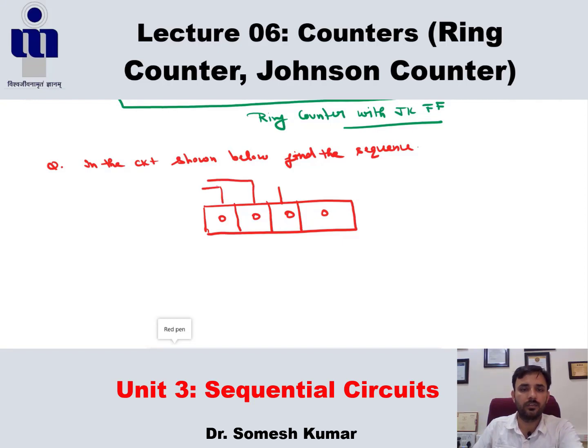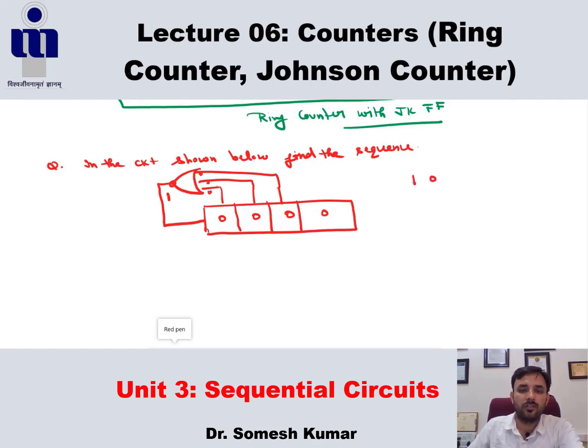Now these 3 outputs are given to one NOR gate like this. So what is the sequence? So this 0, 0, 0, what is the output here? If all inputs are 0, what is the output of our NOR gate? So here the output is 1. Fine.